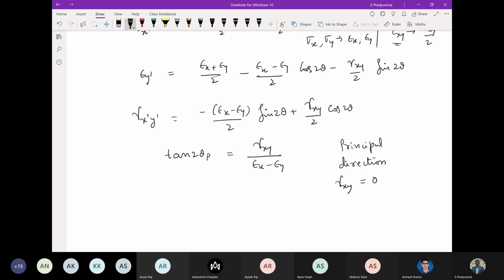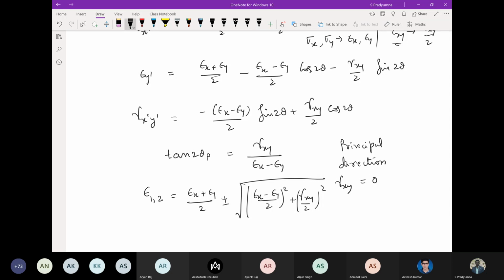Similarly, I can adopt the same kind of expression. I can extend and write that epsilon 1, 2, these are the principal strains, are equal to epsilon x plus epsilon y by 2 plus or minus square root of epsilon x minus epsilon y by 2 squared plus gamma xy by 2 squared. So this is the expression we are looking at for the principal strains.